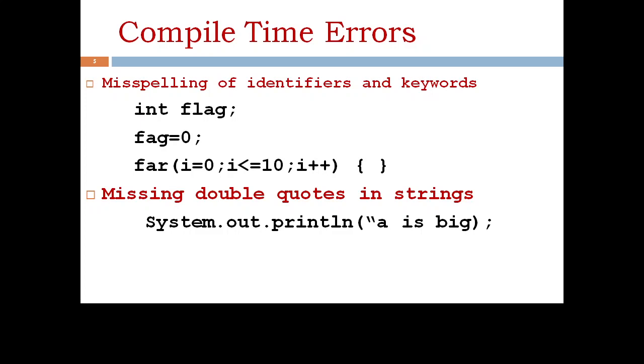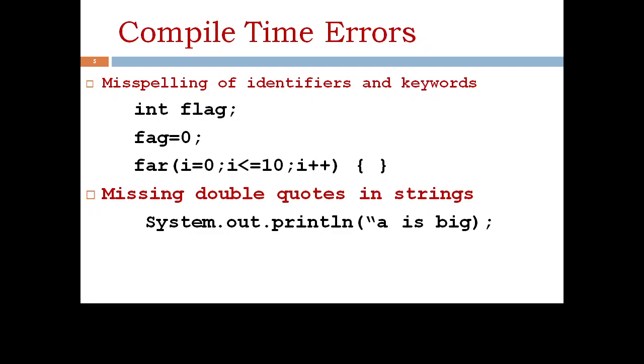He may type F1, FL, L1, capital I, which are visually the same characters, so he may type it wrongly as FL or FI. That's a possibility. Here he has written FAG = 0. Such things must be avoided.